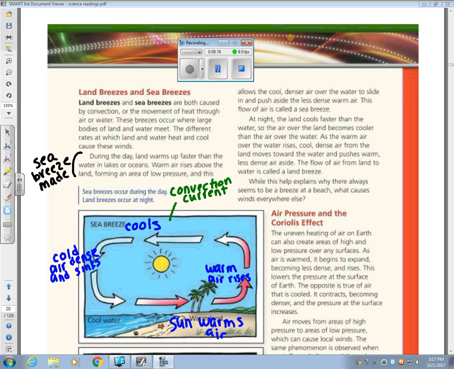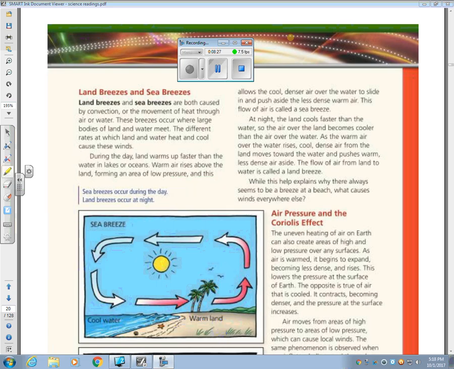And then that cold air replaces the warm air. That movement of cold air from the ocean going to warm air on land is causing your sea breeze. And so during the day at the ocean, the breeze is always coming off of the water and onto land.